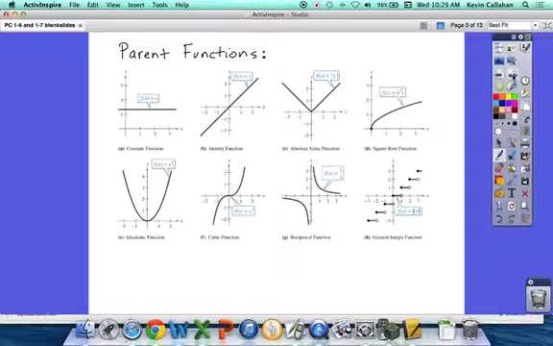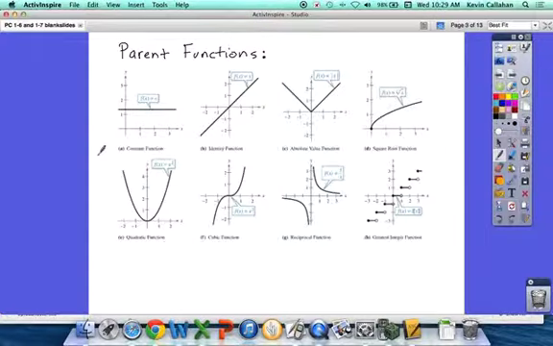A constant function is a horizontal line. The identity function is f of x equals x, or y equals x, meaning 0, 0, 1, 1, 2, 2, and every point in between. Whatever the x coordinate is, that's what the y coordinate is.